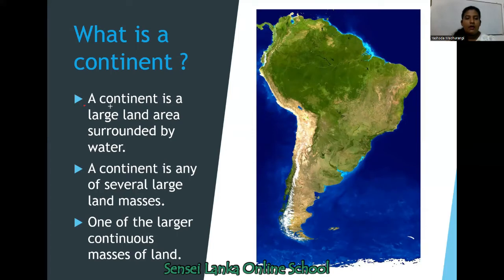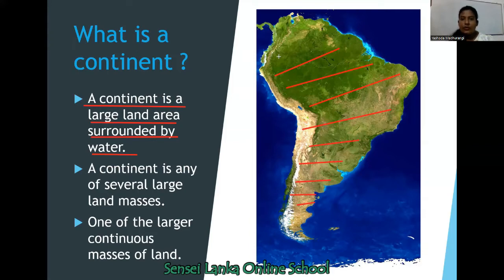First one. A continent is a large land area surrounded by water. Can you see? This green color one is the large land area. Surrounded by water.